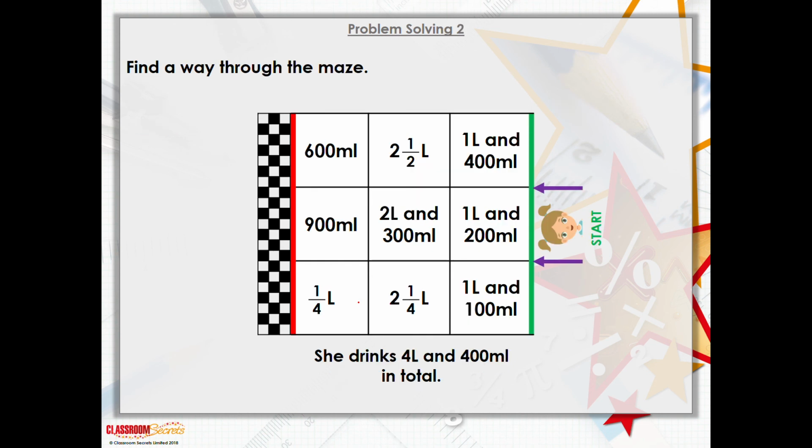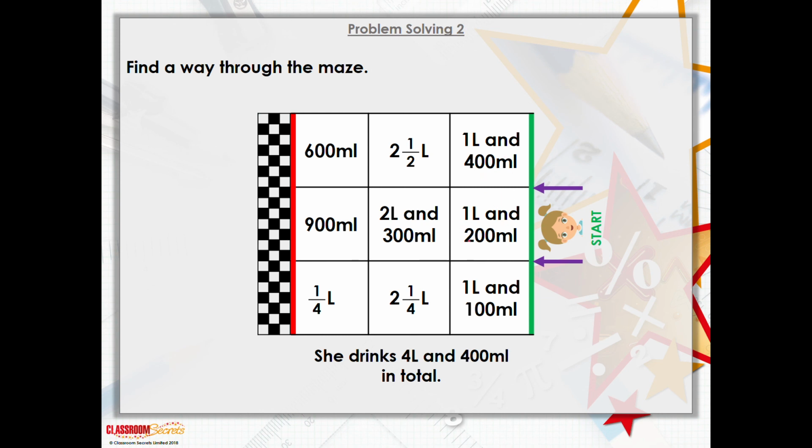So for your problem solving question 2, you need to find your way through the maze. In total, from our starting point, by the time we get to the finish, she's drunk 4 litres and 400 millilitres in total. That's what she's drunk altogether. So you need to work your way through this maze. You need to add up different capacities together.